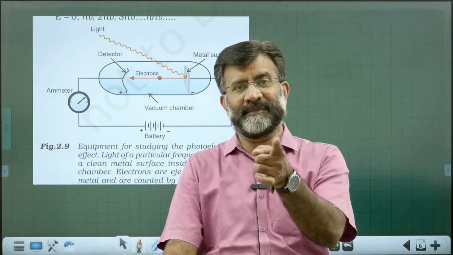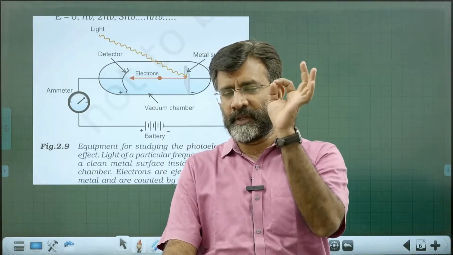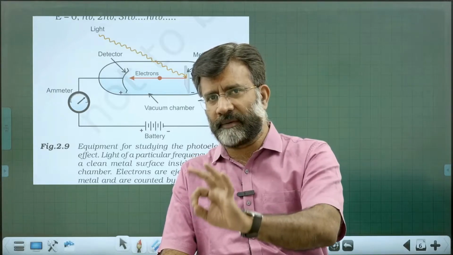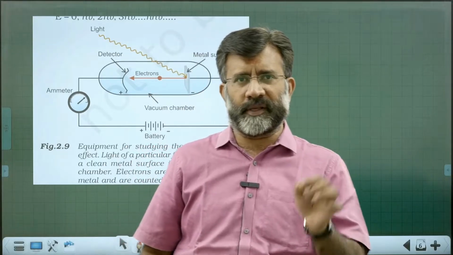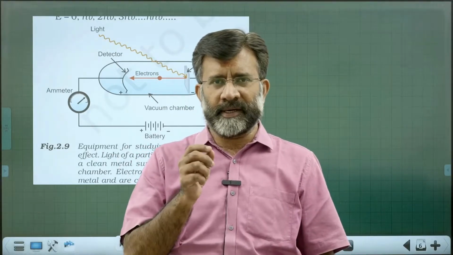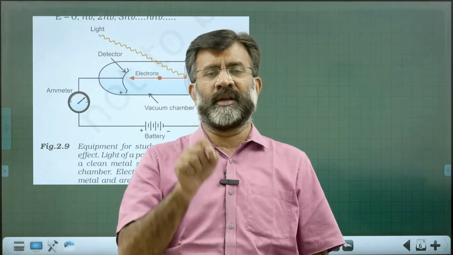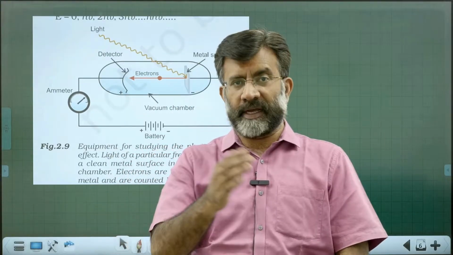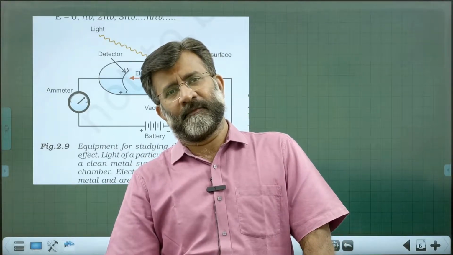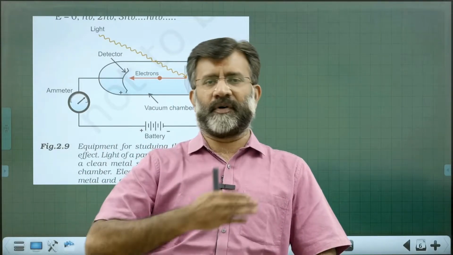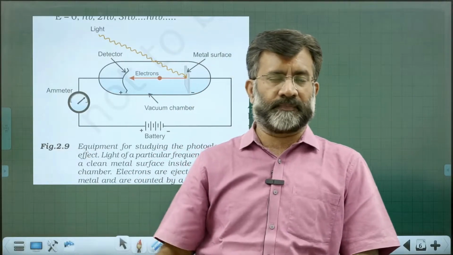Cesium, the most electropositive element in the periodic table, which has a very low ionization enthalpy, needs minimum energy, minimum frequency to cause the photoelectric effect. That's why cesium is used in photocells. While if you go to other elements, the threshold frequency required will be higher.